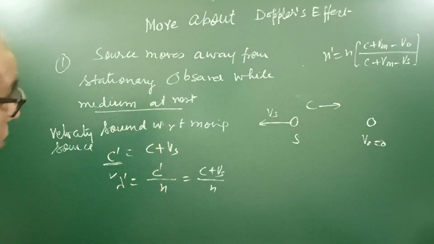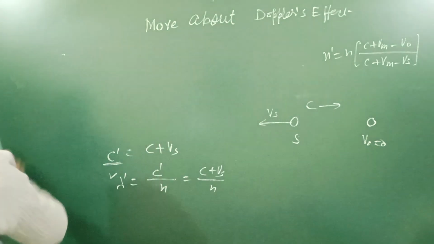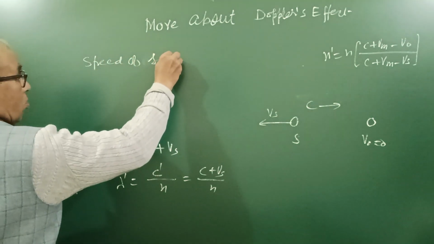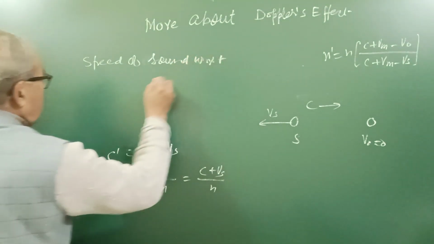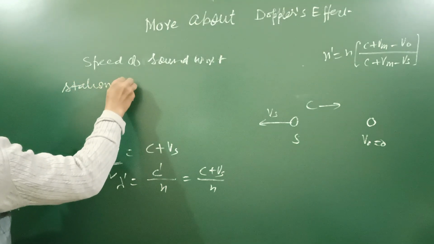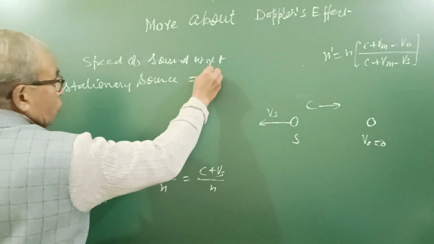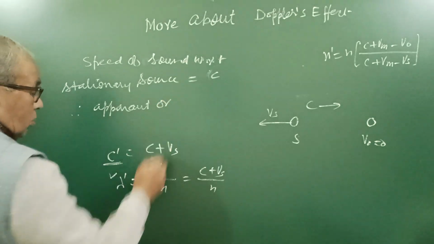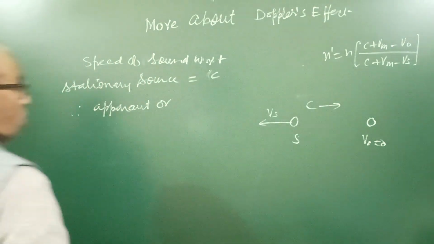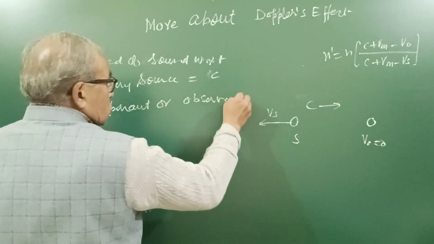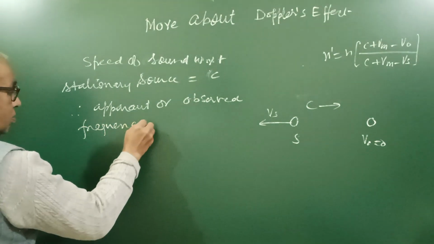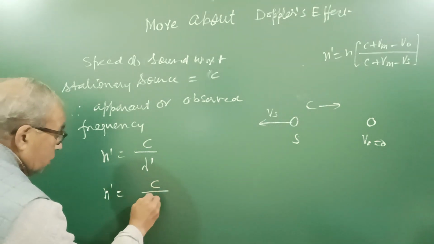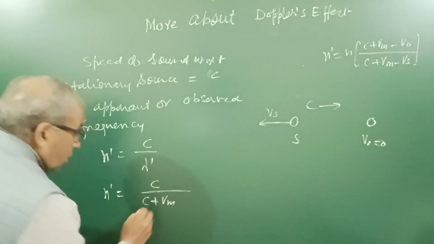Now this wavelength is being received by the observer. So what will happen? Hence the speed of sound with respect to the stationary observer will remain C, and therefore the apparent or observed frequency n dash equals c upon lambda dash, which is c upon (c plus vs upon n).